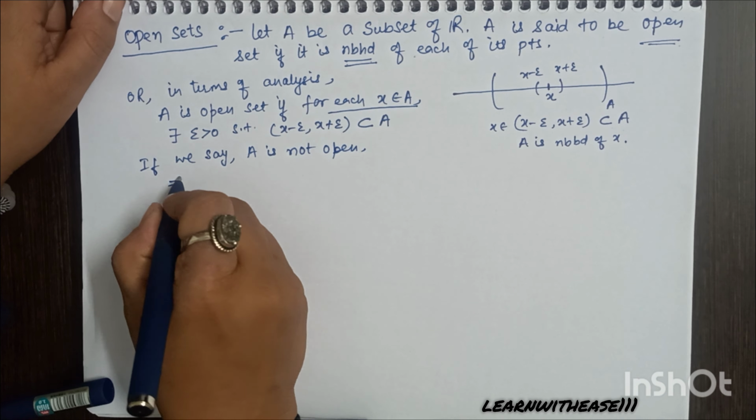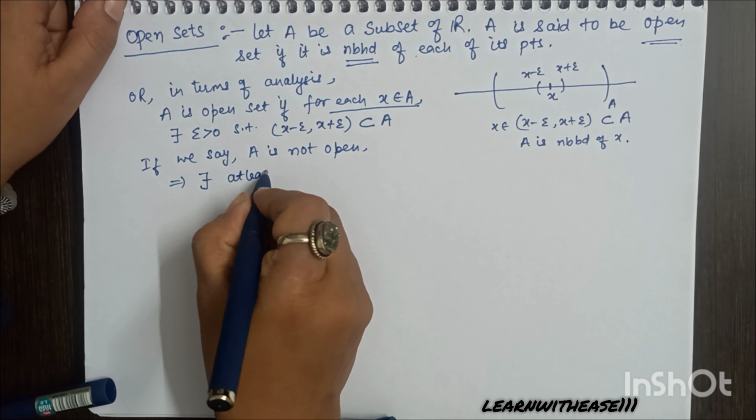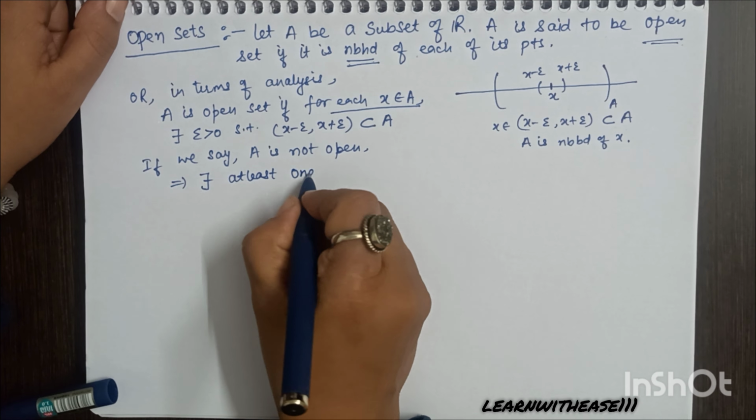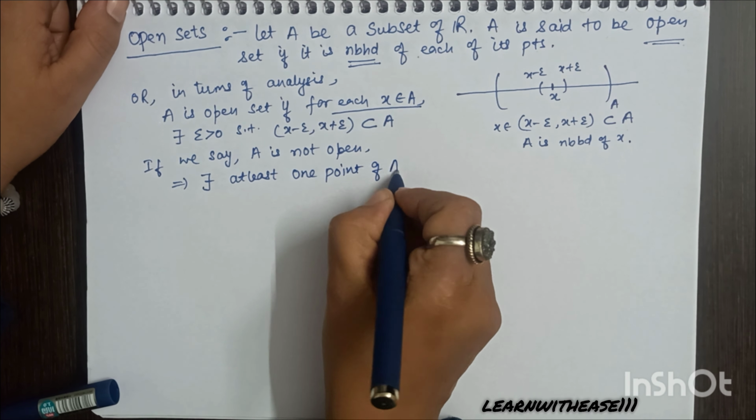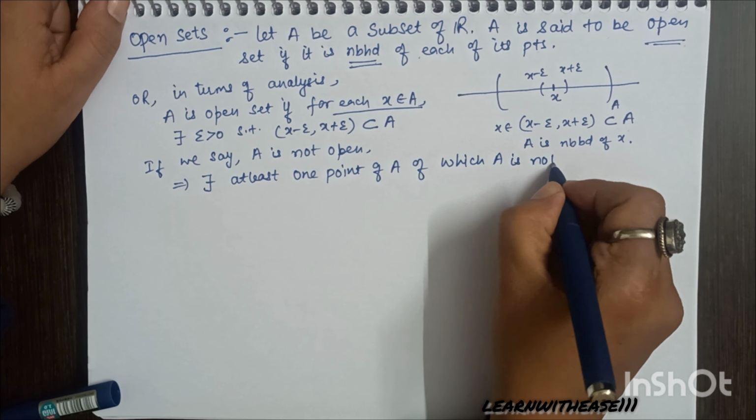So we can also say that if A is not open, that means there exists at least one point of the set of which the set is not a neighborhood.